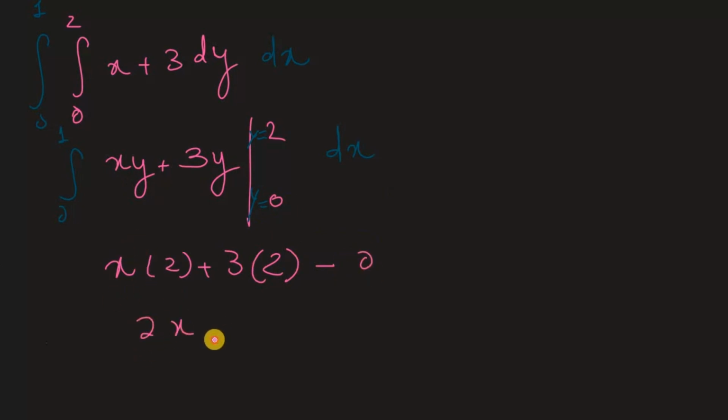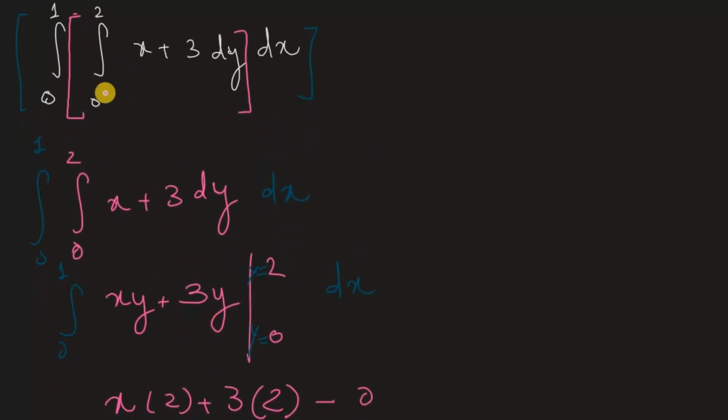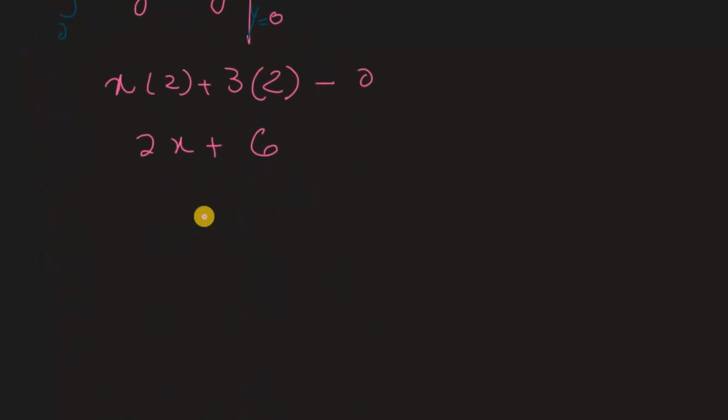So that's 2x plus 6. This is the answer to the pink integral, the dy integral. Now once we have the answer to this, like I explained before, we're going to take this answer and integrate it with respect to dx.